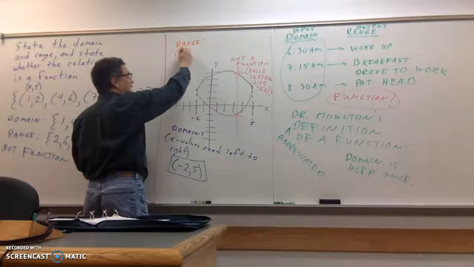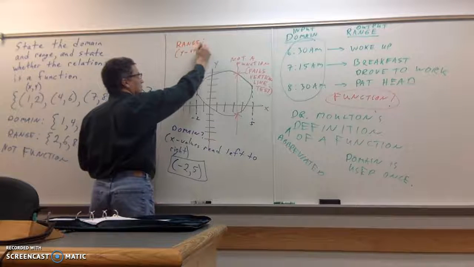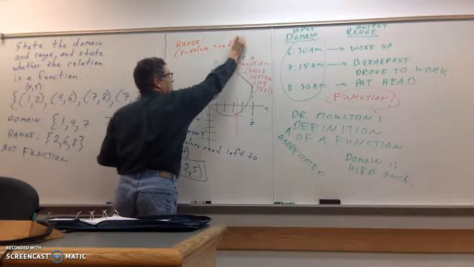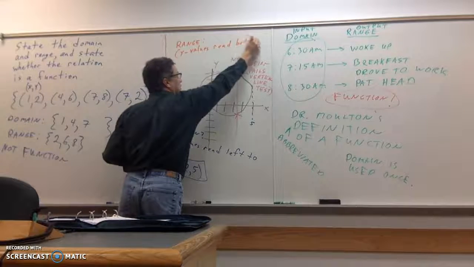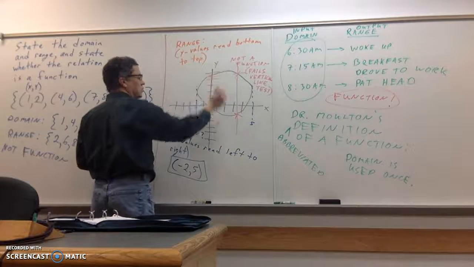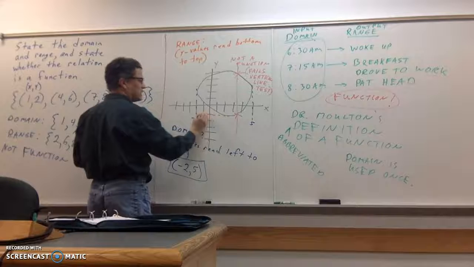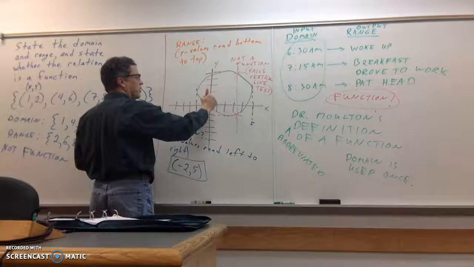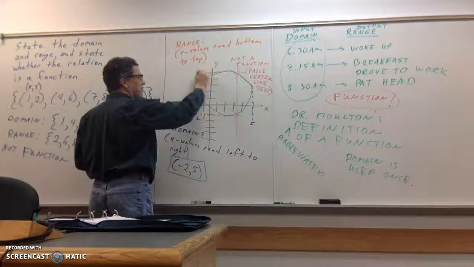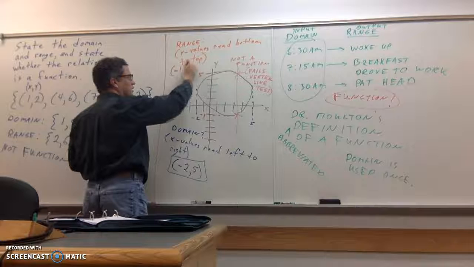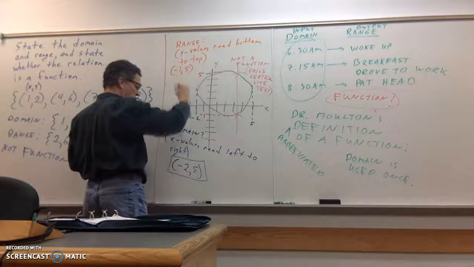As for the range, that's going to be the y values read bottom to top. Our smallest y value looks like it's happening here at -1. And the biggest y value is happening here at 5. So, -1 to 5. Oh, you know what?